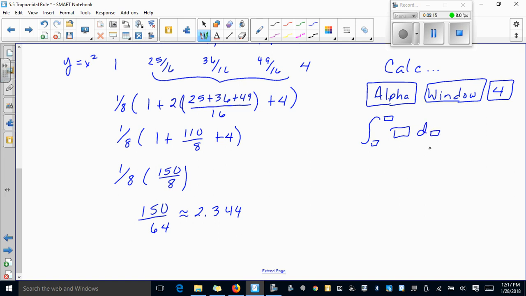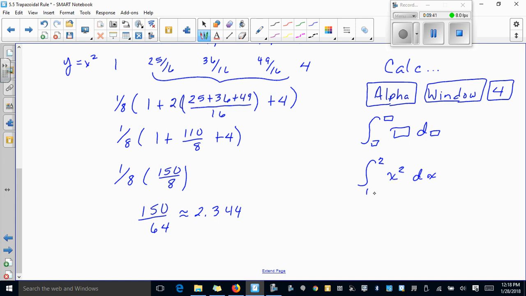Well, what you would do once you got this is you're filling in the blanks. We're going from 1 to 2. This is considered your lower limit of integration, your upper limit of integration. What you're integrating, which is going to be x squared. And then this is just dx. So you want to know the value of x squared from 1 to 2 dx.